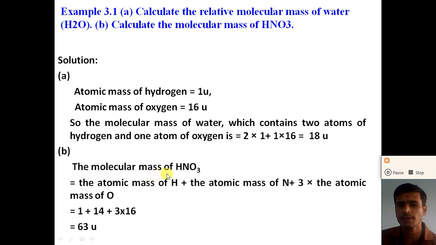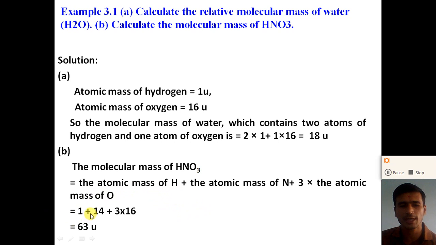Now the second question is to calculate the molecular mass of HNO3, or nitric acid. In HNO3, one atom of hydrogen, one atom of nitrogen and three atoms of oxygen are present. So we calculate the molecular mass of HNO3 like this: the atomic mass of hydrogen plus the atomic mass of nitrogen, and for the 3 atoms of oxygen, 3 into the atomic mass of oxygen, right?